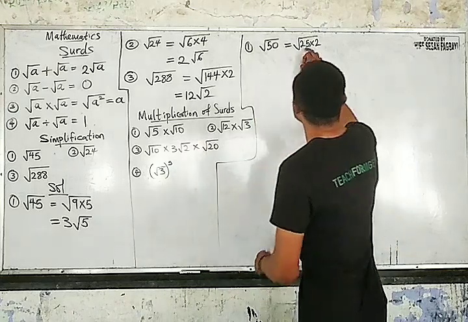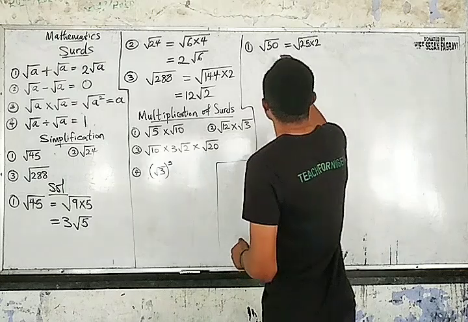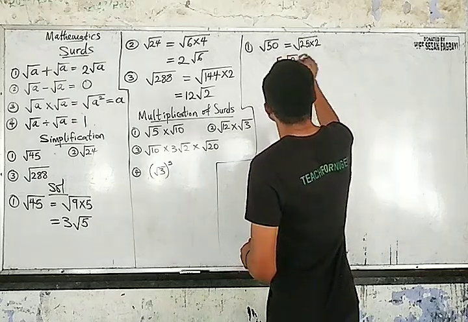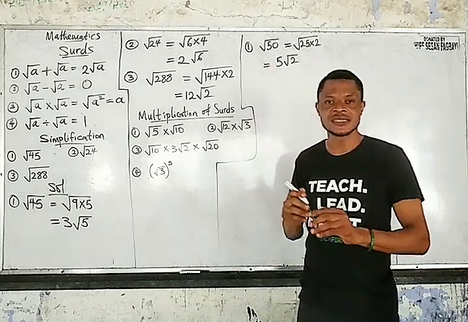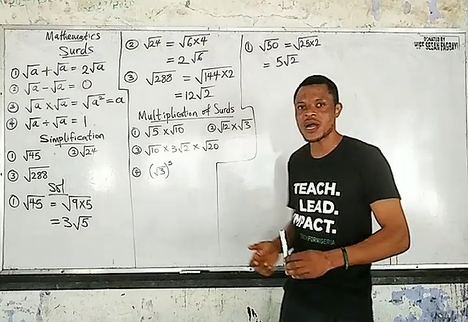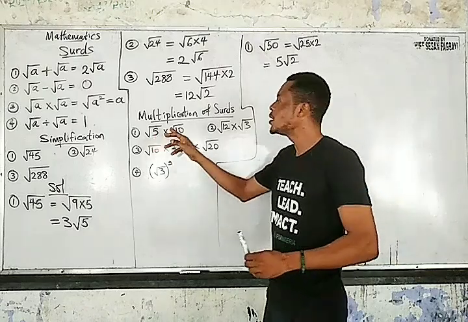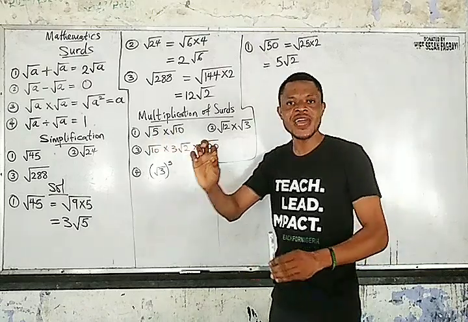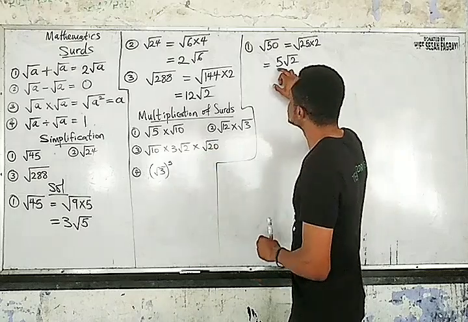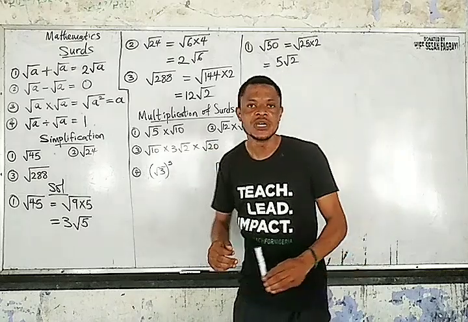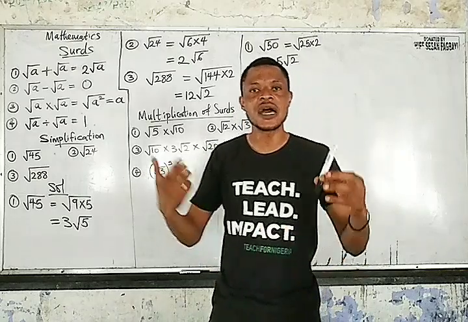Perfect. So root 25 will be what? Will be 5 root 2. Well simplified. You can verify with your calculator. You punch root 5 multiplied by root 10. Whatever you get, keep it. Now punch 5 multiplied by root 2. Definitely you will see that the 2 values are the same.